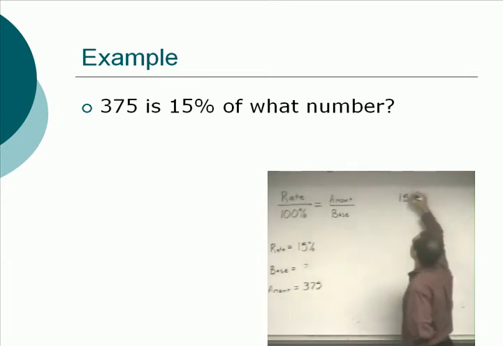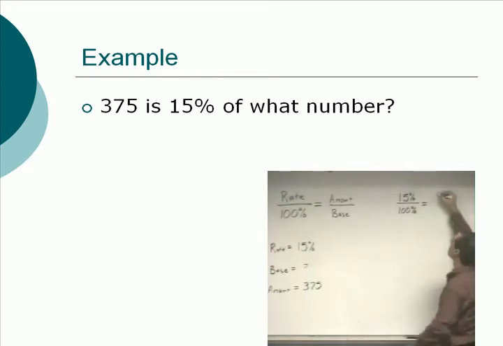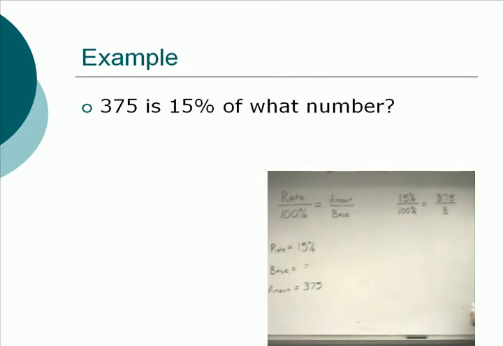15% over 100% equals the amount, 375, over our base. We'll just call that variable b. Now your percent signs ultimately cancel over here. How do you solve a proportion? Cross multiply and divide. So we're going to multiply in this direction.